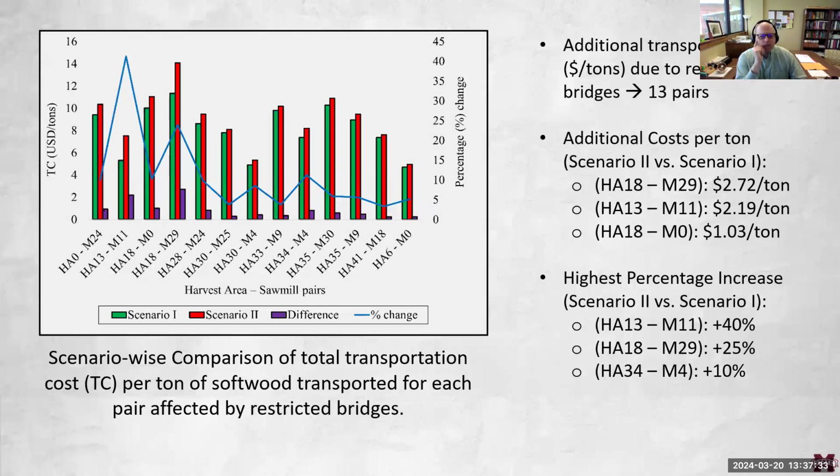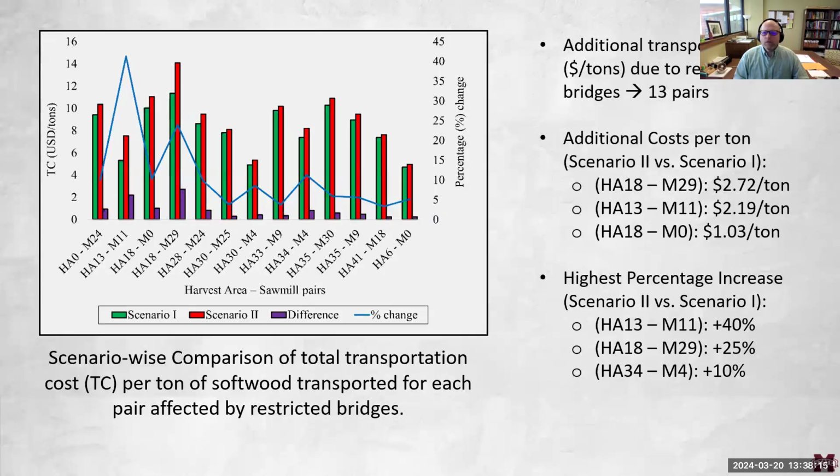In HA 18 to MO, which is about fourth over, there's about $1.03 per ton, and so it just gives you a little bit of flavor of the additional costs. Those are the worst offenders in that particular scenario, but we're talking about those numbers I mentioned: 40%, 25%, and a 10% increase. When you start to multiply that by a number of loads, that gets to be a pretty heavy burden on the logging operator.